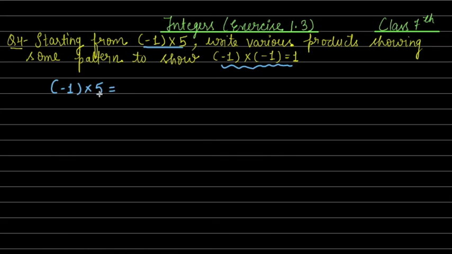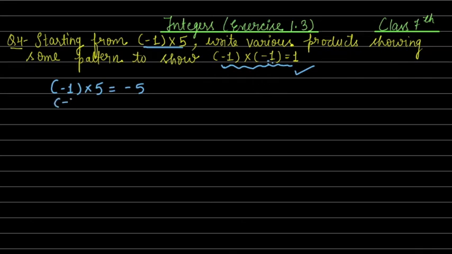We have already proved if you multiply any integer with -1, you will get -5. You have to go till -1 into -1 is 1, which is when you multiply two negative integers, the result is always positive. So you have to complete the pattern and you have to conclude what is your observation with this pattern. So starting from -1 into 5, we have to go till -1 into -1.